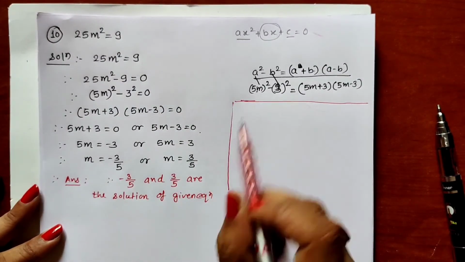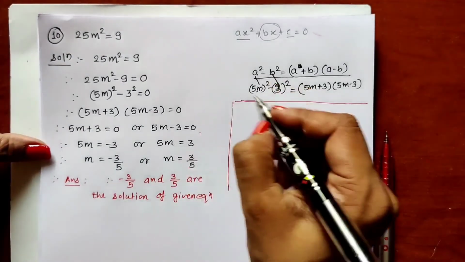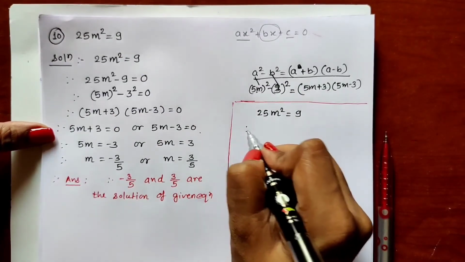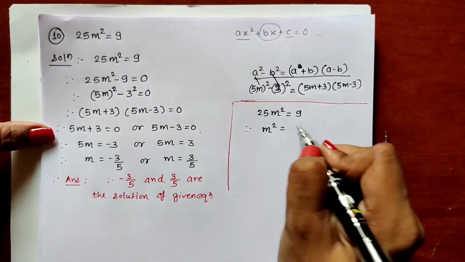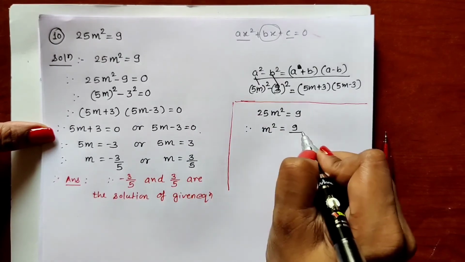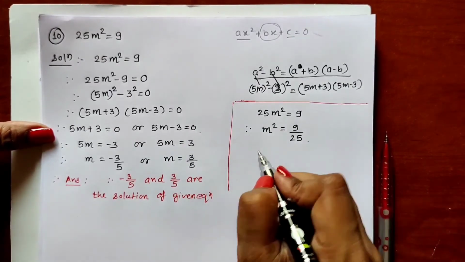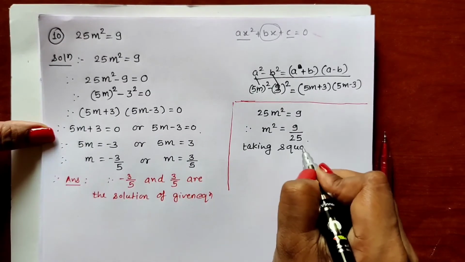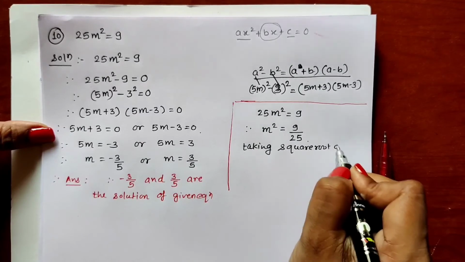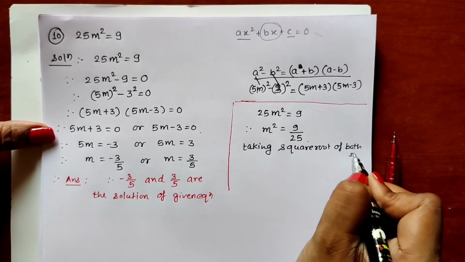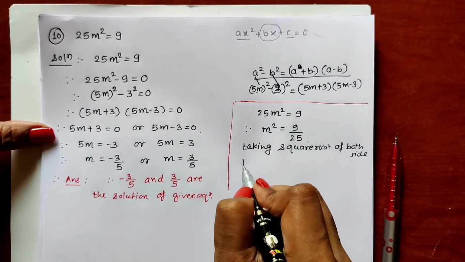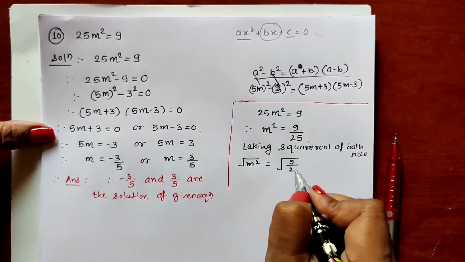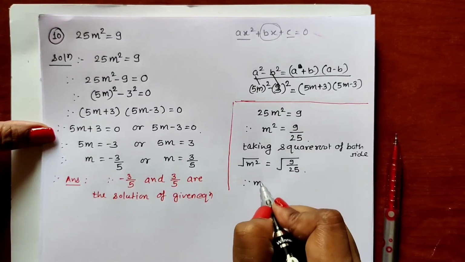This is one method in which we apply the formula, or one more method you can apply, which is a very easy and direct method. 25m square is equal to 9. Therefore m square is equal to 9 as it is, 25 transferred becomes divided by 25. Taking square root of both sides. Square root of m square is equal to square root of 9 upon 25.